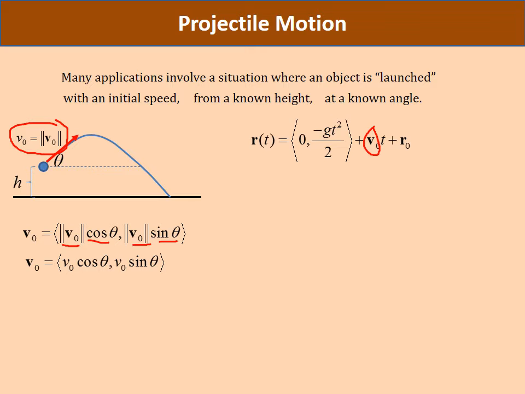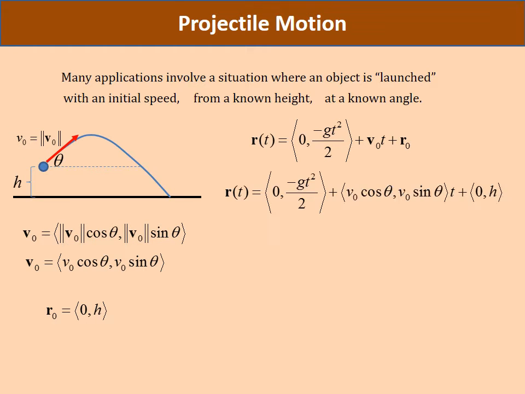How do we describe the position vector for this? Well, we will assume a y-axis that goes right through the object, and so the initial position vector would be (0, h). And so this would be what we get when we substitute that in.